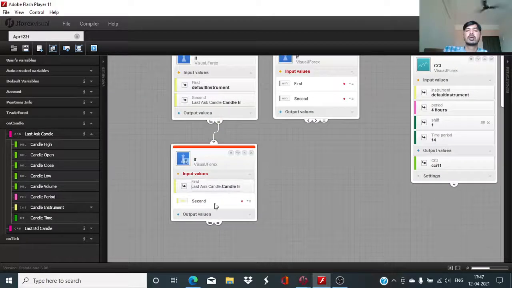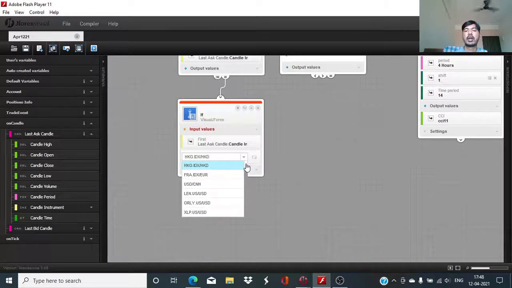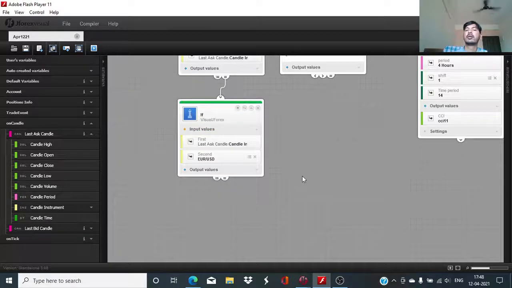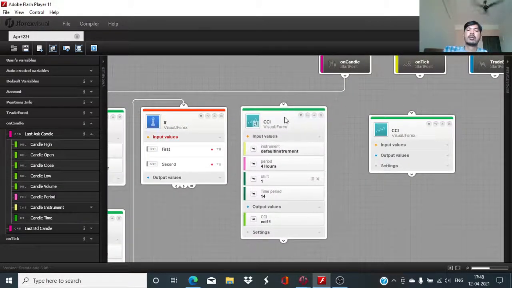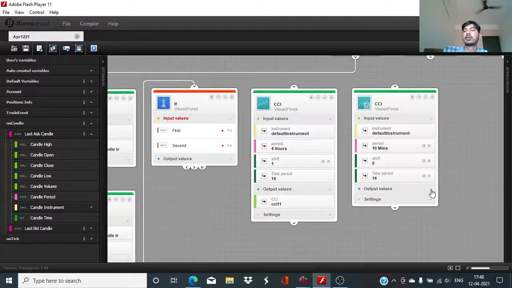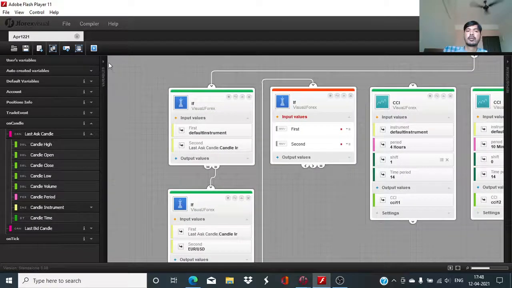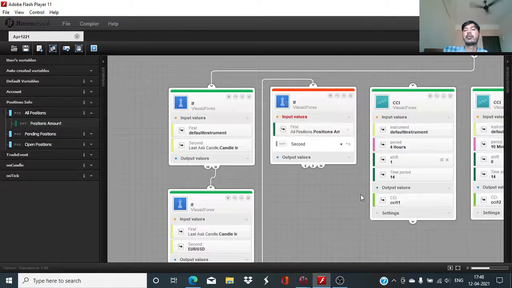This should match. And here, the second variable should be EUR/USD. Then the position info, all position amount will be defined at 0.